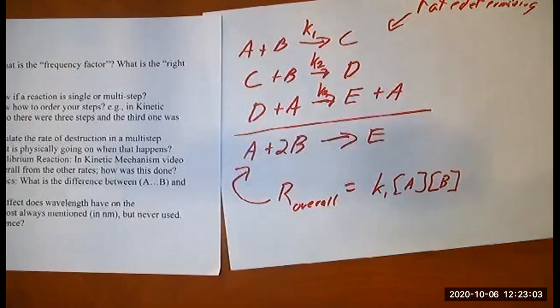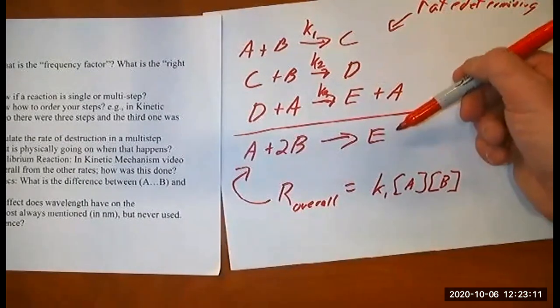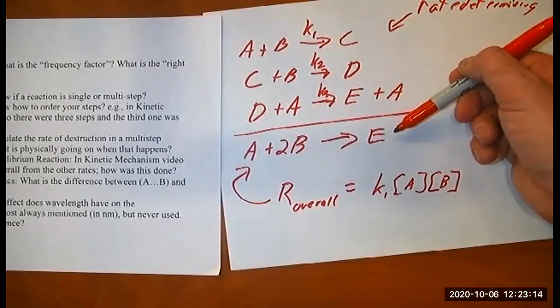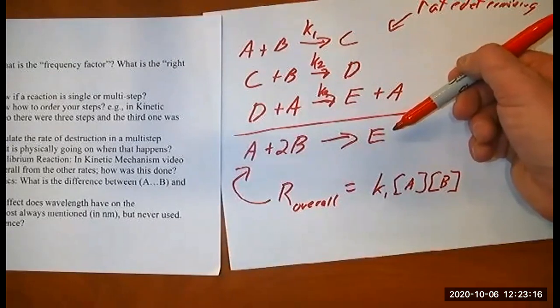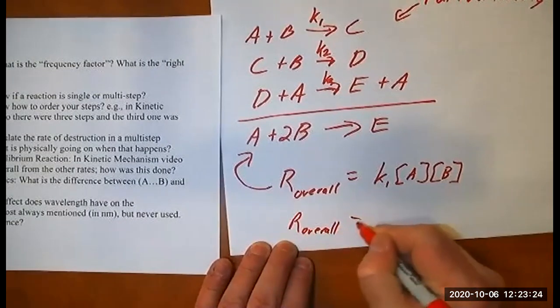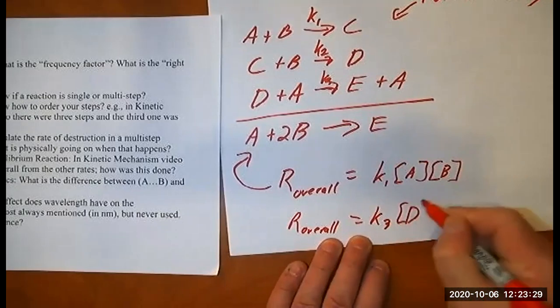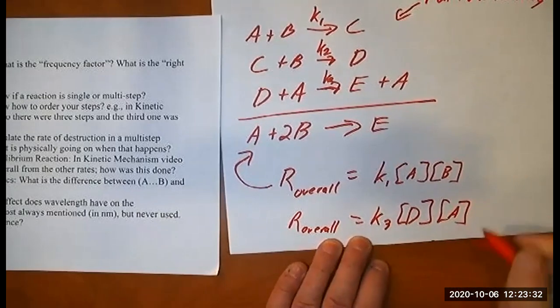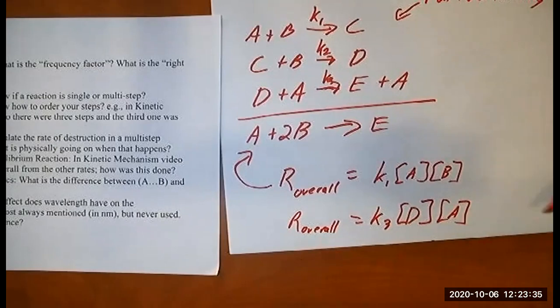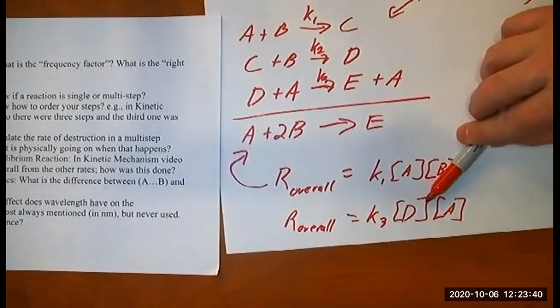The other way you could go with this is to say, well, you know what? E is the product. So the reaction is done when E is produced. So our rate overall is going to be K3, concentration of D, concentration of A. But the problem we have with this formulation of it is that D is an intermediate.